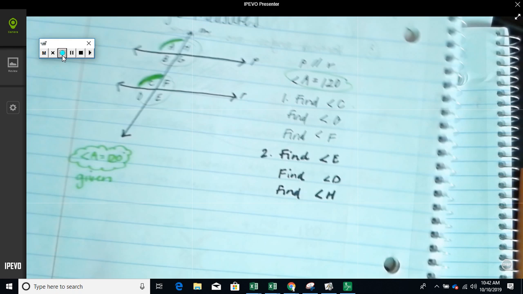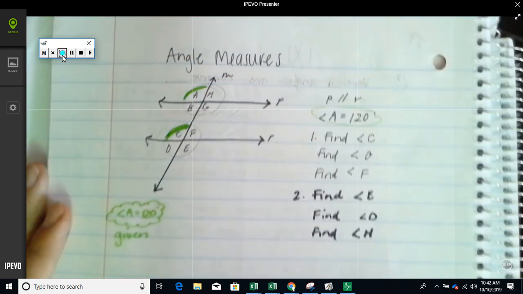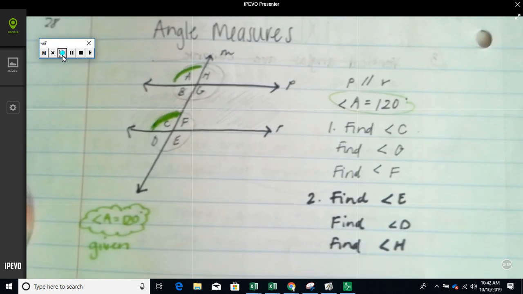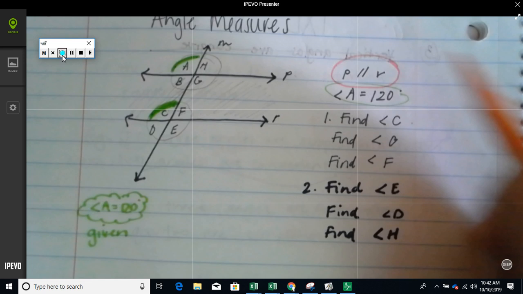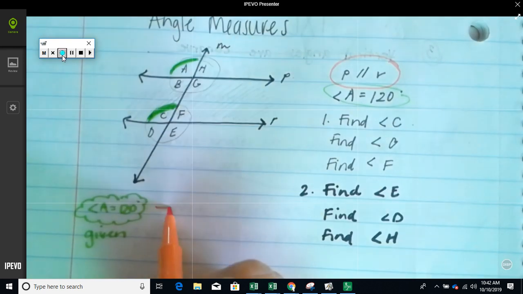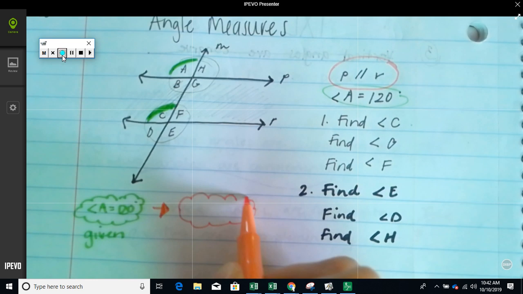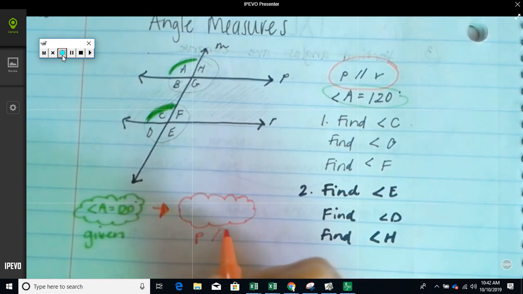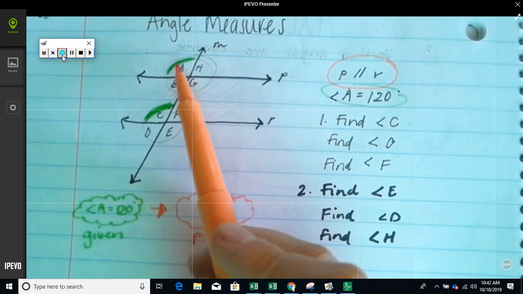So my question for you: they are corresponding. Are the lines parallel? It tells us, right, Stephanie? Exactly. It tells us right there. The lines are parallel. So, because the lines are parallel, P is parallel to R, what does that tell you about A and C?